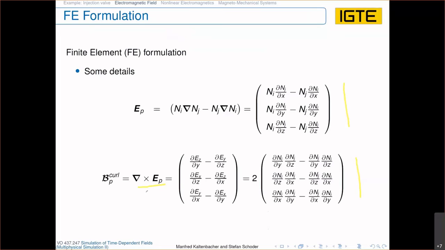So these are the standard Nedelec elements, as I have shown here, which compute the basis functions out of the nodal basis functions by the equation I have shown you. And when you apply the curl of such a vectorial basis function, it is just the curl as you are used to compute for a vector.